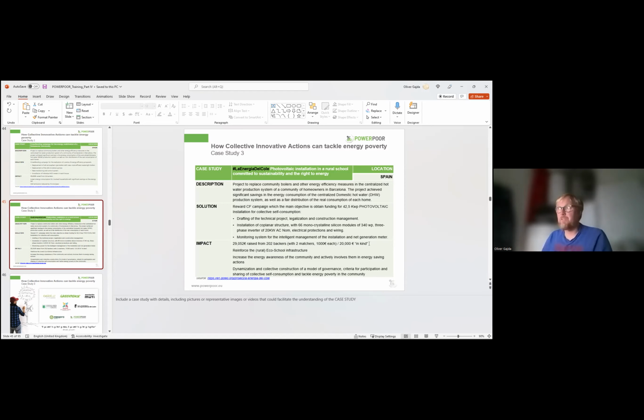So this can also be that you collect money and then you get something on top. A solar panel manufacturer might say, if you raise money for 10 panels, I give you another 10 for free. So things like this can be negotiated.